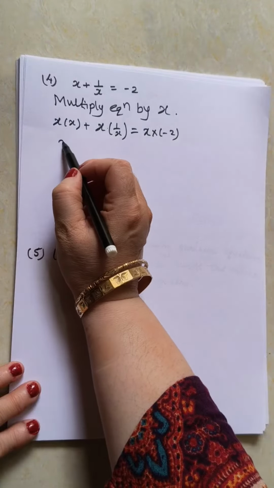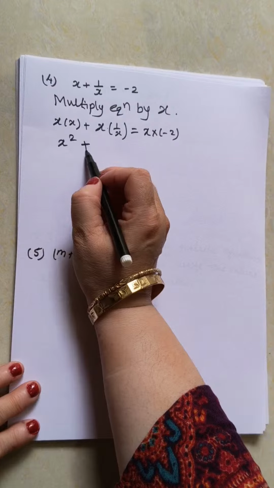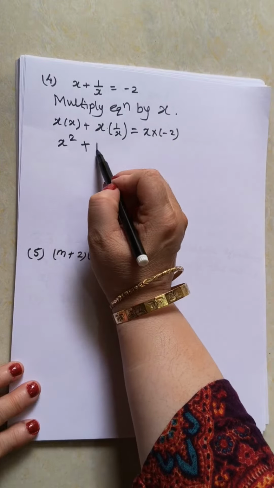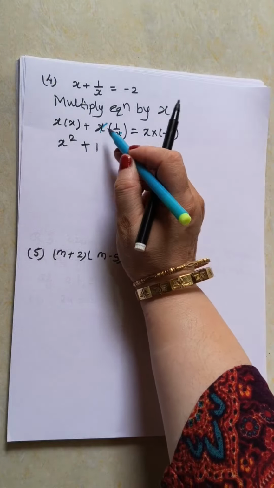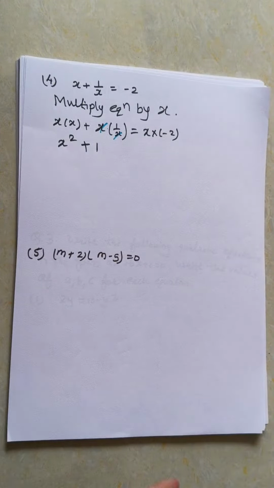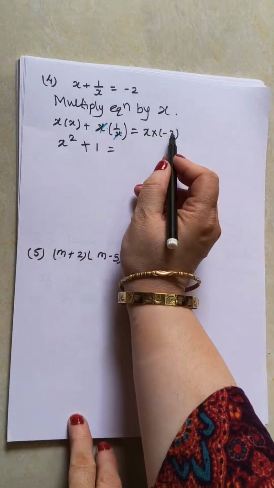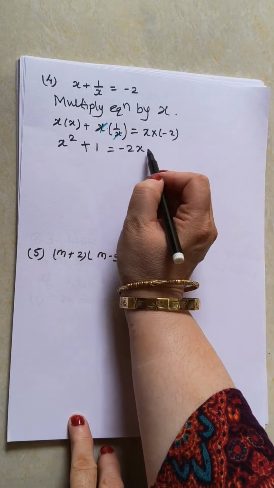So x into x, that is x square, plus this x will be cancelled, so it will be 1. Okay everyone, and here it is, that is equals to -2 into x, minus 2x.